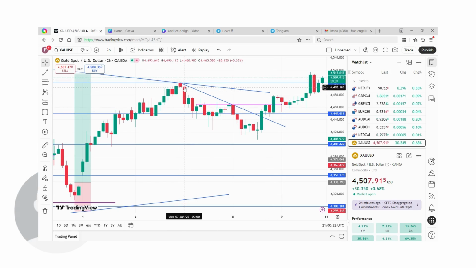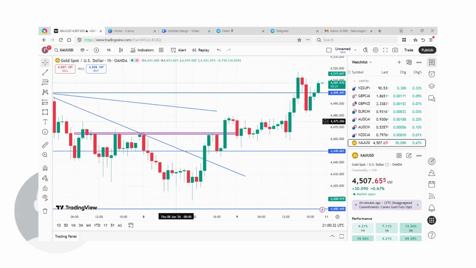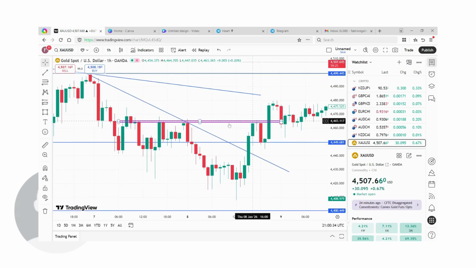Aside from this being the overall high, this is another level again. So this place seems to be a good level that the market is rejecting, and I was more confident. Beyond the zone, you will also look into the candlestick patterns that will confirm for you that you are ready to short or buy.